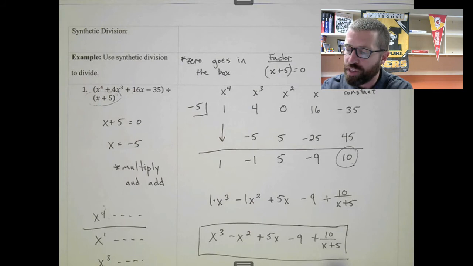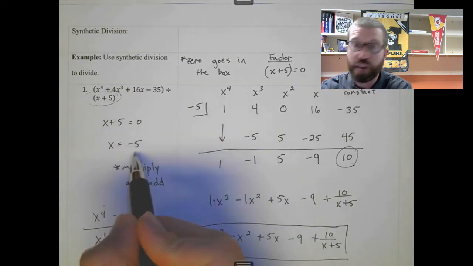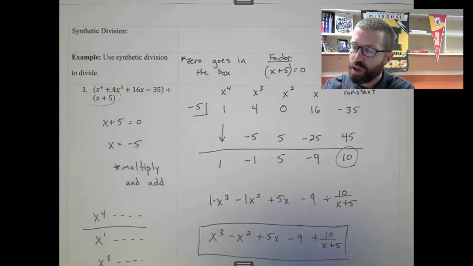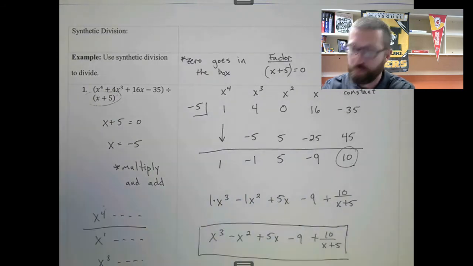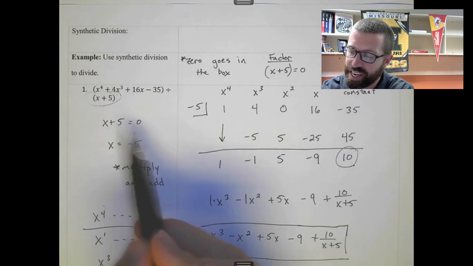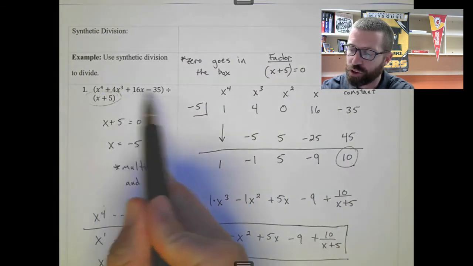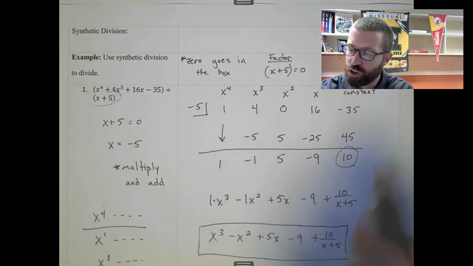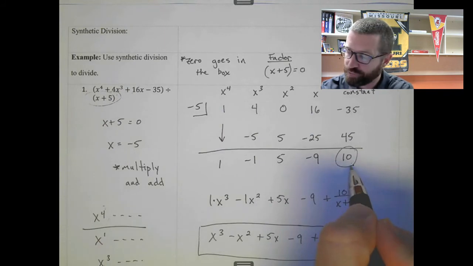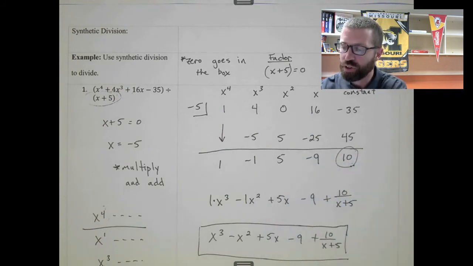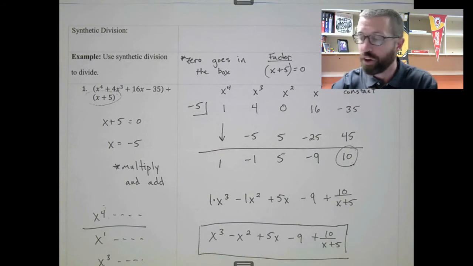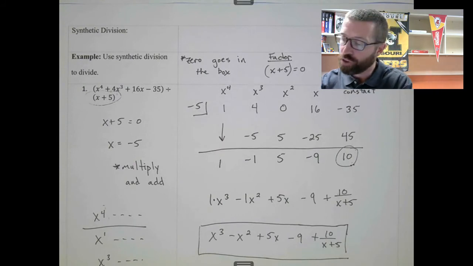And you can also say that x equals -5 is not a 0. And then there's this other pattern, or this interesting theorem and pattern, that if I were to plug in -5 for x up here, and you could try this, if you plug in -5, you should get 10. So a lot of things come from the remainder theorem that are interesting to look at and talk about.